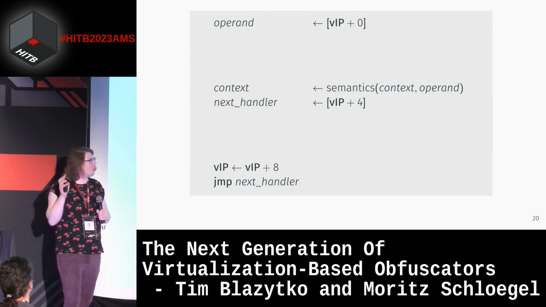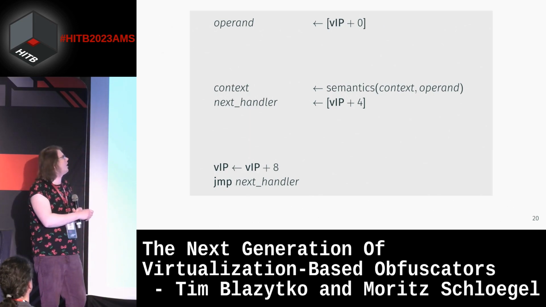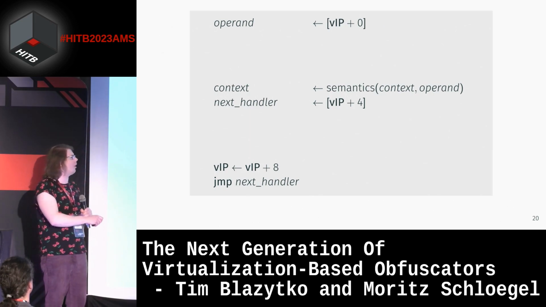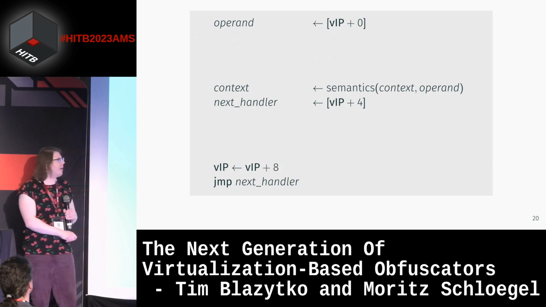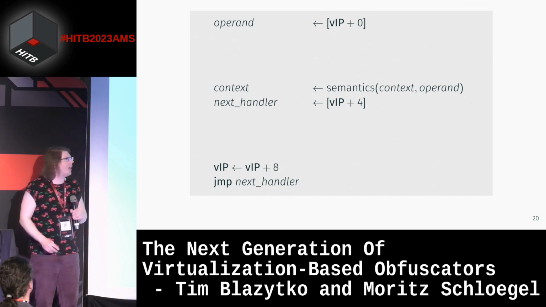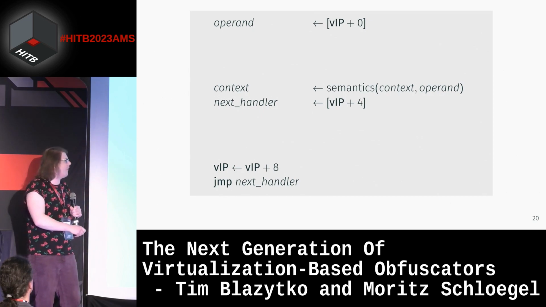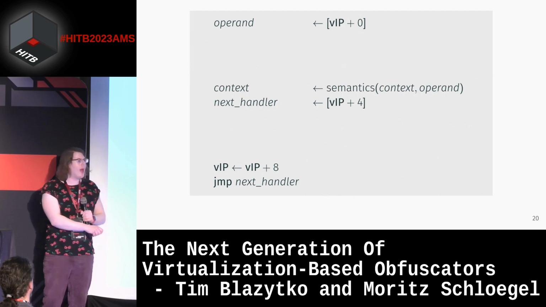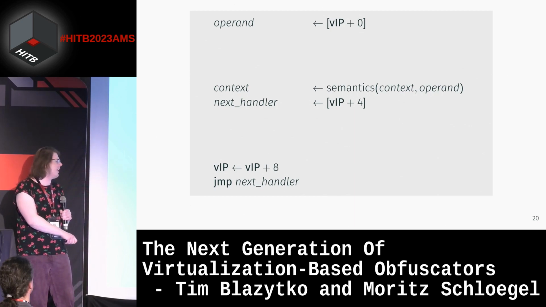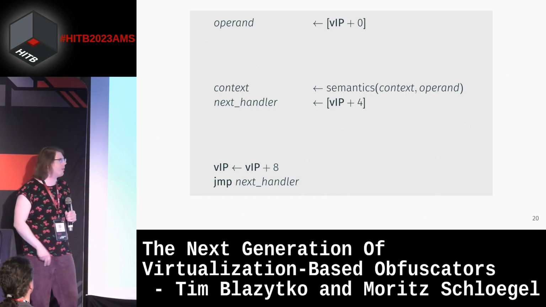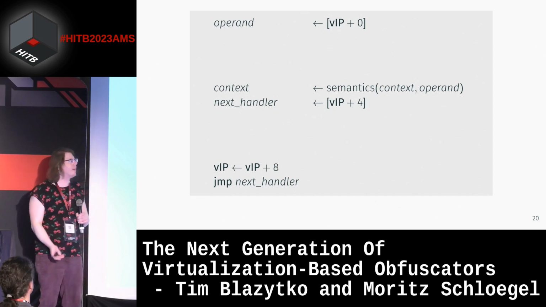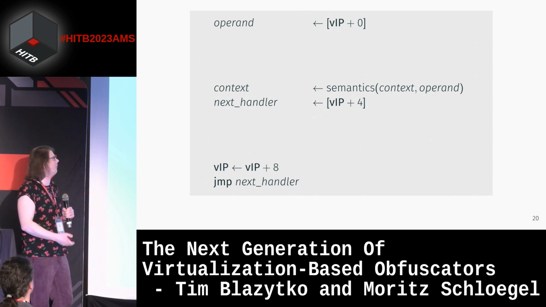So, given a current handler where we fetch the operands from the bytecode first, then we perform some semantics-based operations like an addition based on the VM state. Then we fetch the next handler from the bytecode, and in the inline dispatcher we jump to the next handler. What we do now is that we add some decoding.